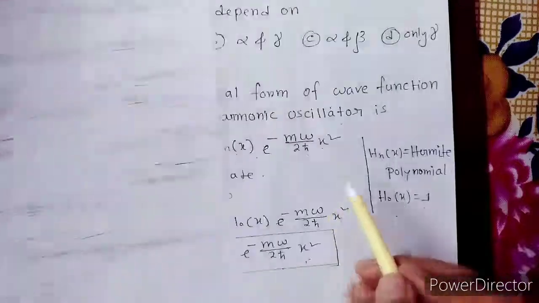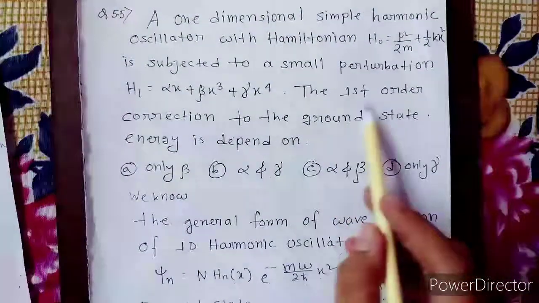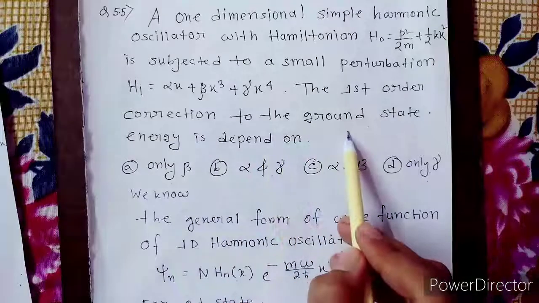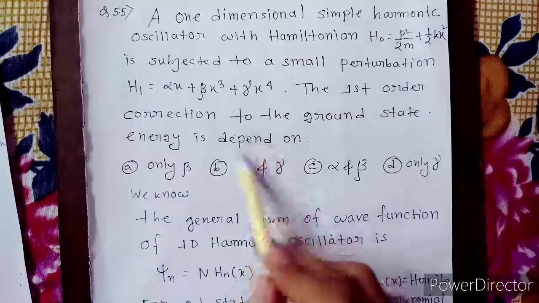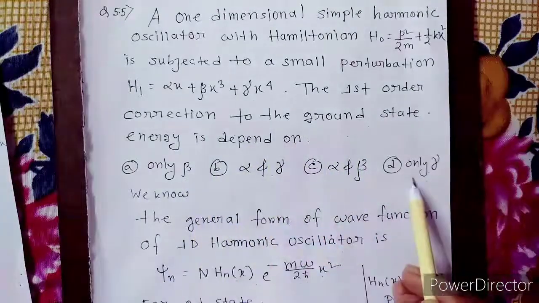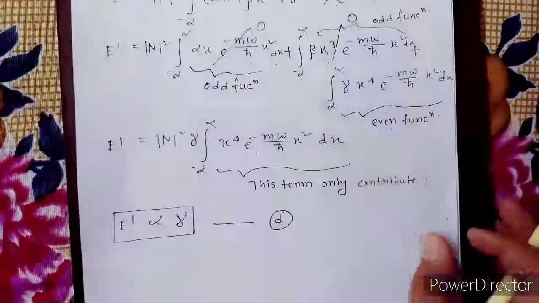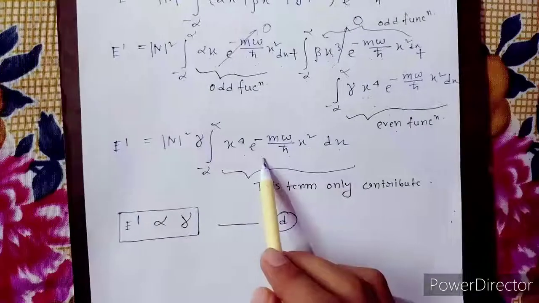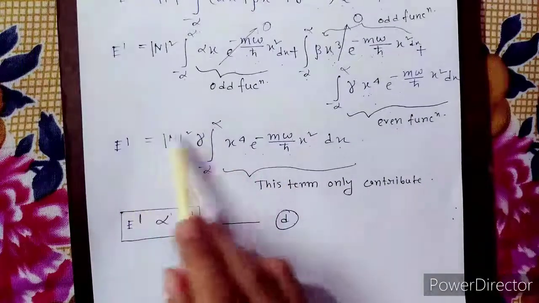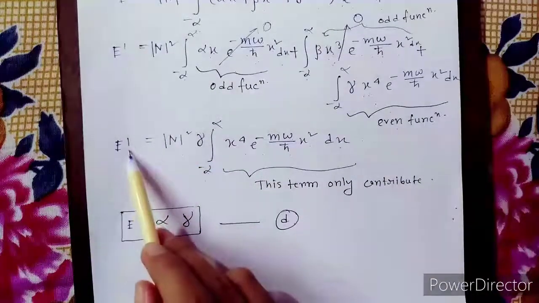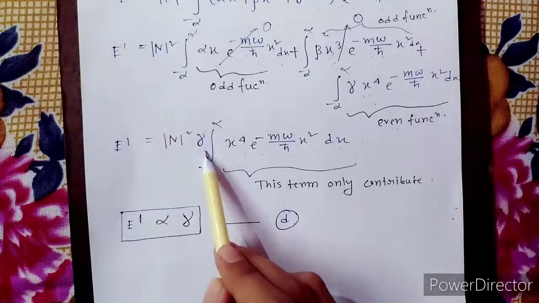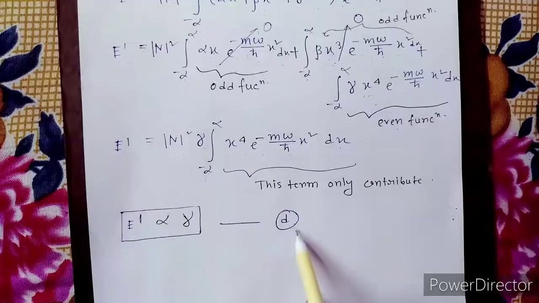Now the question is to find which factor the first order correction to the ground state energy depends on. You don't need to calculate this term, and you can see that the first order correction depends on only γ. So option D is correct.